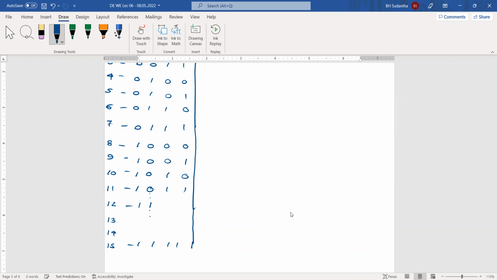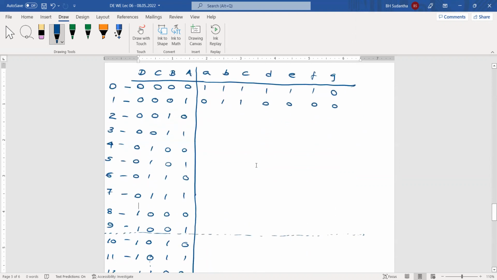Then this is 1, 1, 0, 0. This is 1, 1, 0, 1. This is 1, 1, 1, 0. But up to 9, we can show whatever the number here. Can you fill this truth table?